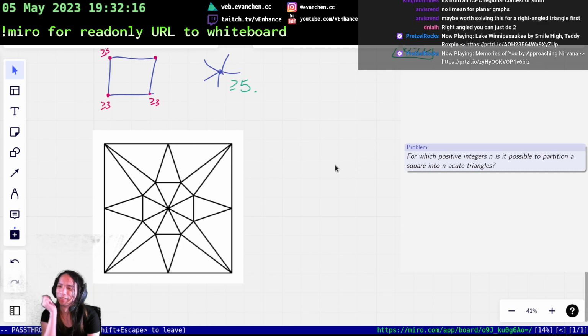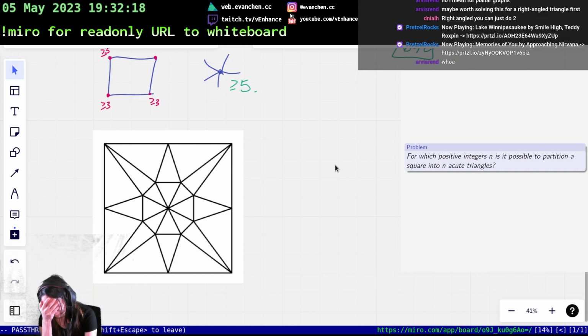Yeah, this is gonna be rough. So that's the example that they gave in the problem statement, which was very nice of them, because I was having difficulty drawing any examples. So having one is good to look at.